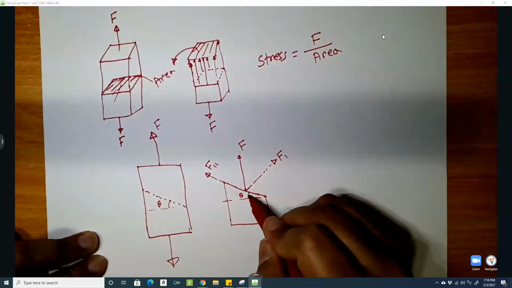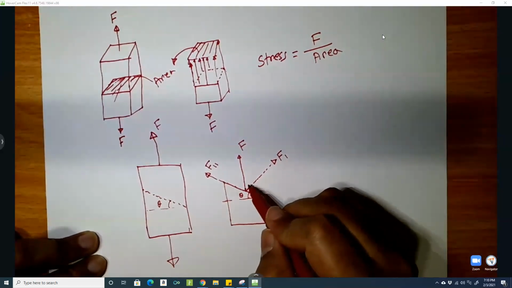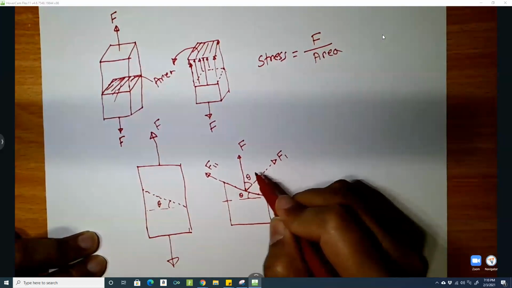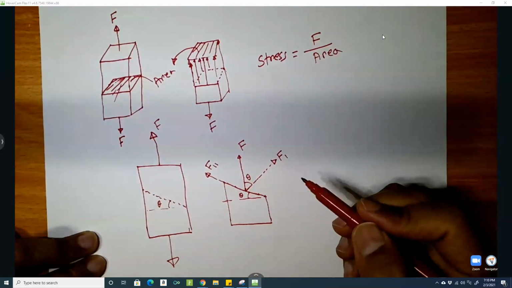And if this is theta, this is also theta.